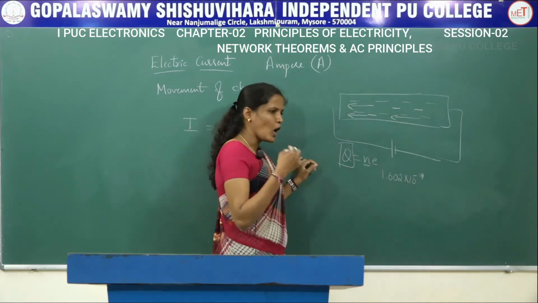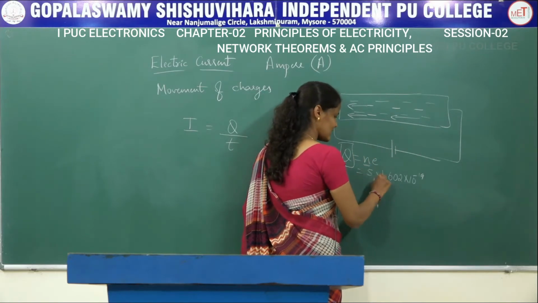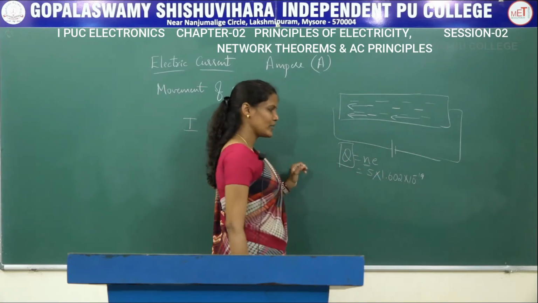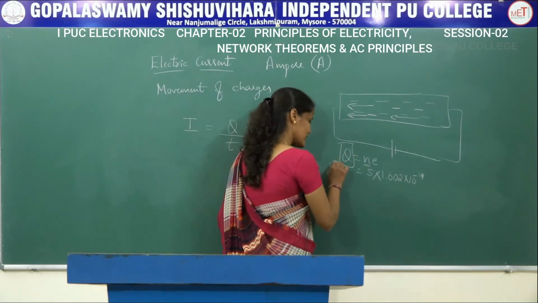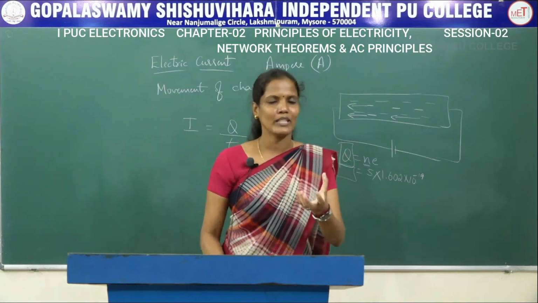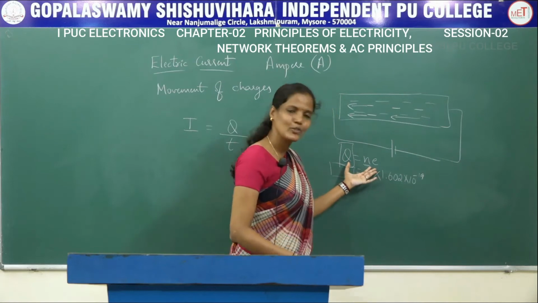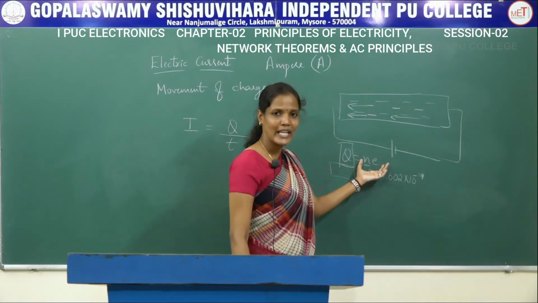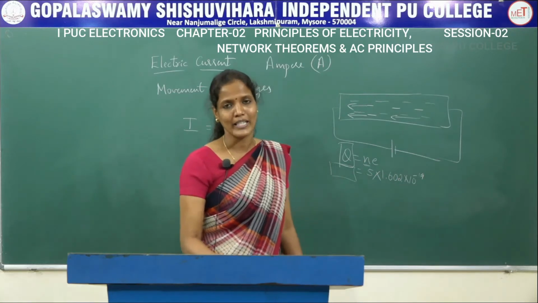So for 5 electrons, the total charge is 5 into 1.602 into 10 to the power of minus 19. Using this formula, Q is equal to N E, I can easily calculate the total charge.